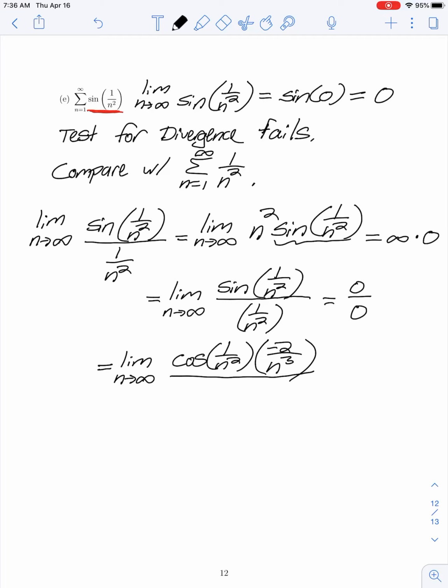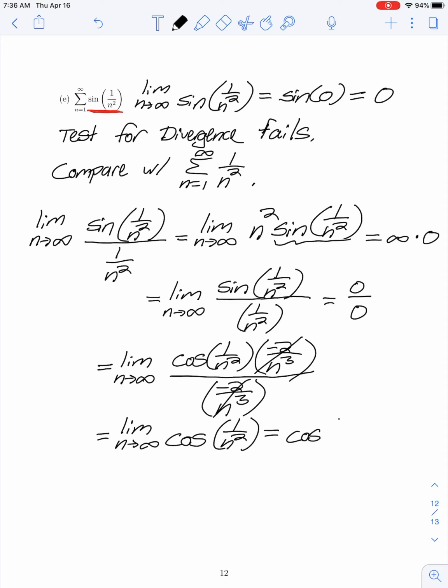And then we're dividing by the derivative of 1 over n squared, which we just found as negative 2 over n cubed. So this factor of negative 2 over n cubed on top and bottom cancels, and we're left with the limit as n approaches infinity of cosine of 1 over n squared. Taking n as larger and larger values, 1 over n squared is approaching 0, and cosine of 0 is 1.